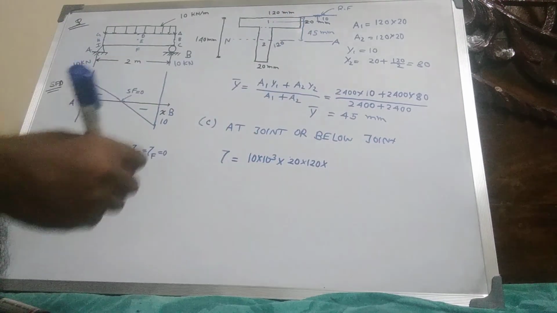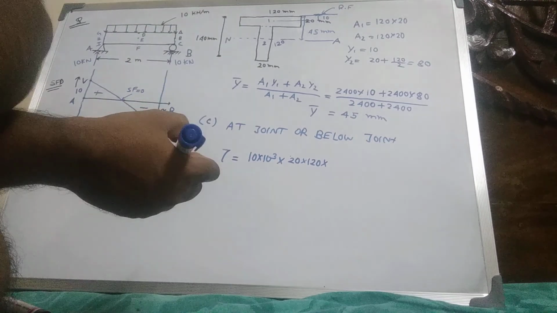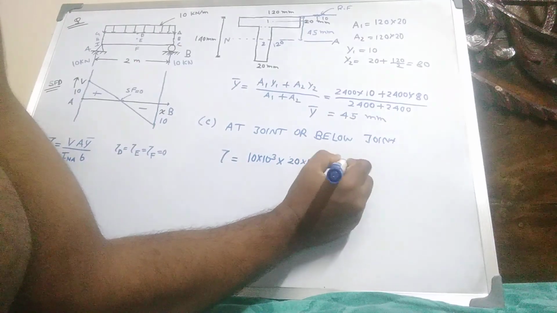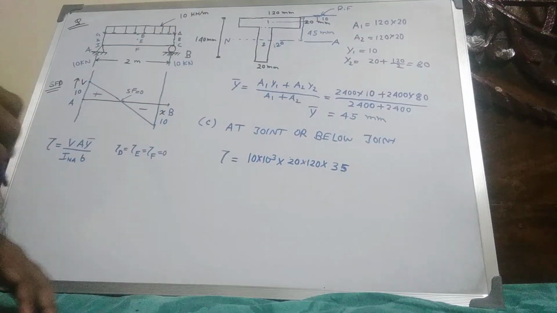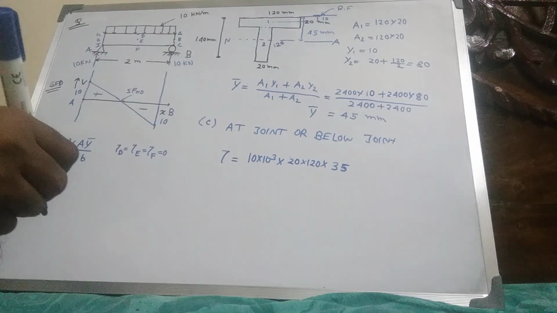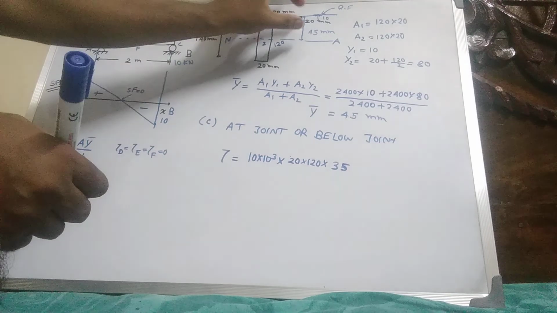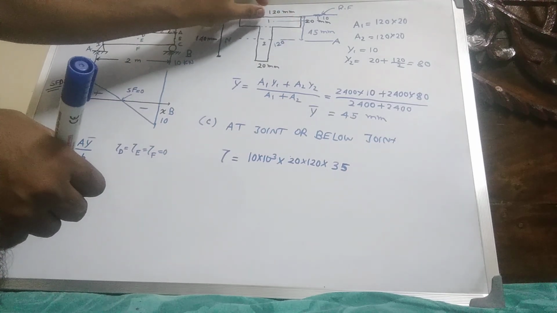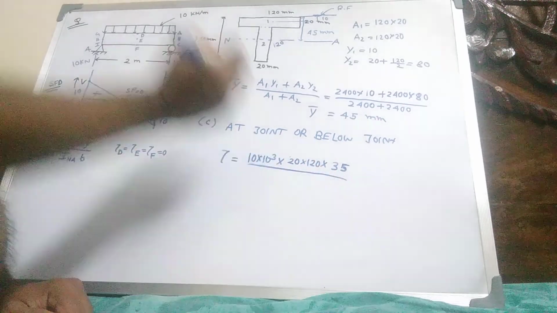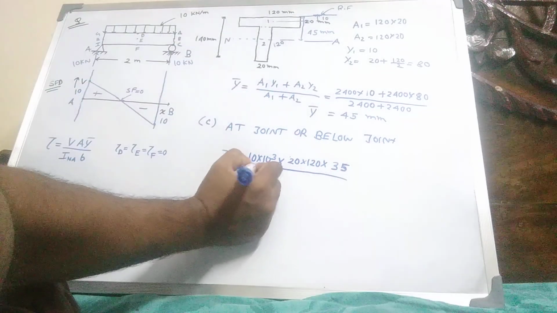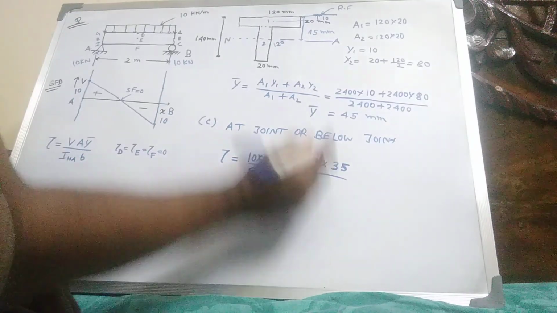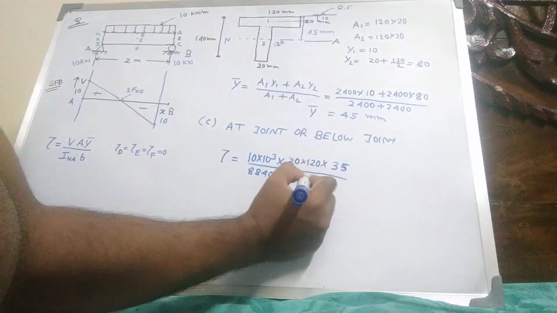Y bar is 35, since 10 plus 35 gives 45. And I is already calculated, 8840,000, into B at this point, which is 20.